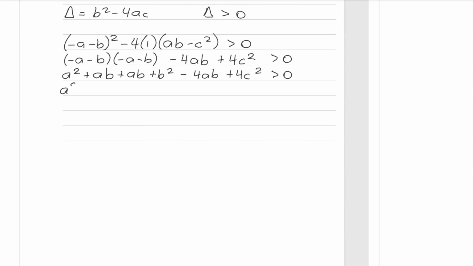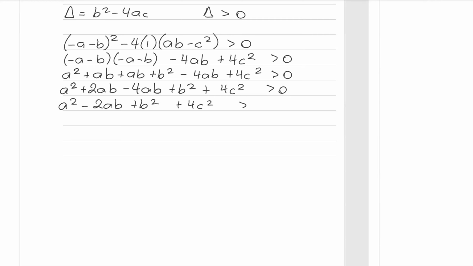Now we can go a squared plus 2ab, and we've got minus 4ab, so I'll slot it in there, plus b squared plus 4c squared. So I've got a squared minus 2ab plus b squared plus 4c squared is greater than 0.